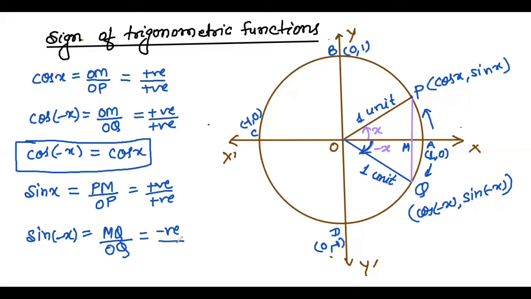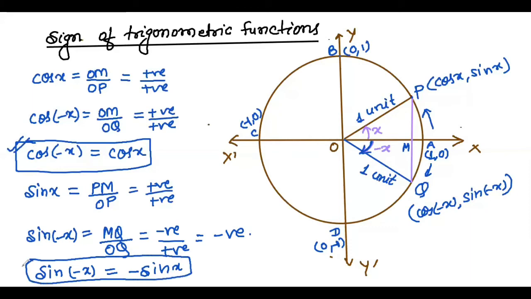Negative by OQ, which is always positive, so sine we are getting here negative. So sine of minus x is equal to minus of sine x. Very important concept, these two are.